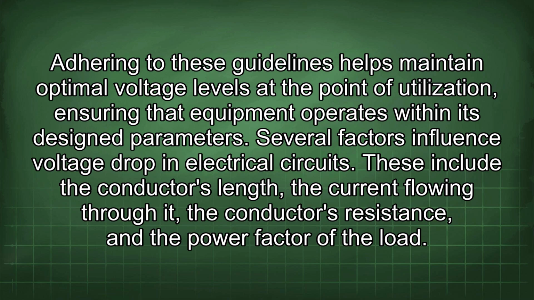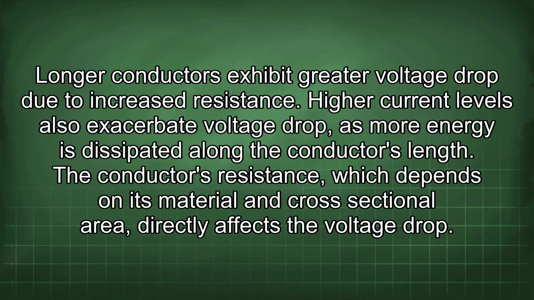These include the conductor's length, the current flowing through it, the conductor's resistance, and the power factor of the load. Longer conductors exhibit greater voltage drop due to increased resistance. Higher current levels also exacerbate voltage drop, as more energy is dissipated along the conductor's length.